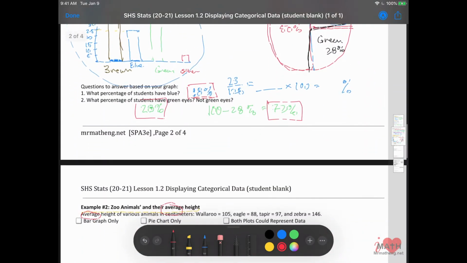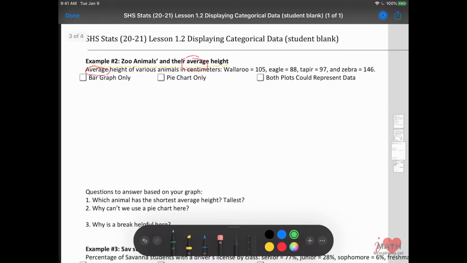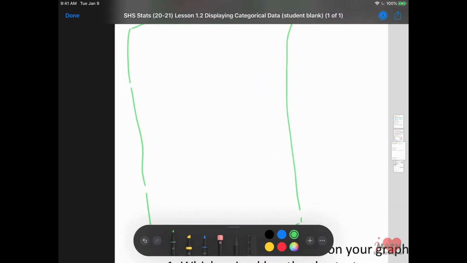So let's write that on example number 2. So we can only do a bar graph on this one.